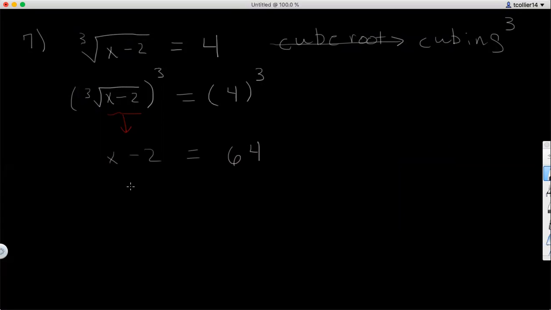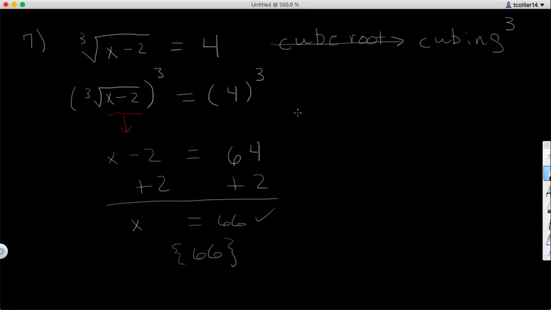Then I've got to get rid of this negative 2. I can do that by adding 2 to both sides. And I get x equals 66. Okay. So that's my answer for that, 66.